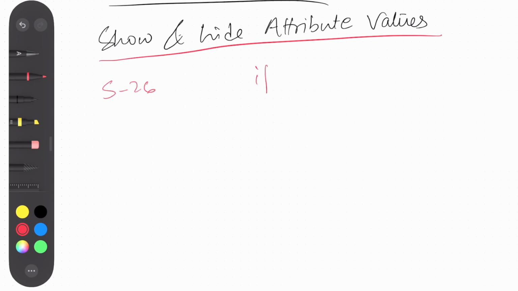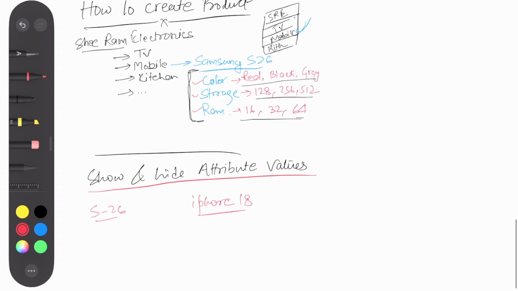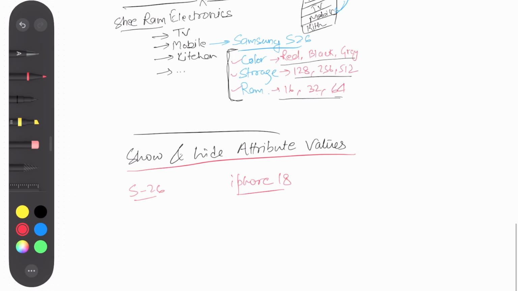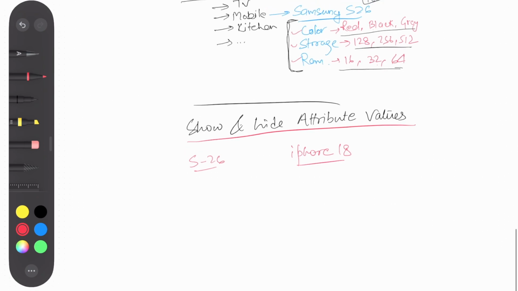S26 and iPhone 18. Okay, we have two phones. In this phone, just like we discussed in the previous video, it has colors red, black and gray, and 128, 256 GB. So this we already have. Okay, so let's focus on two properties.